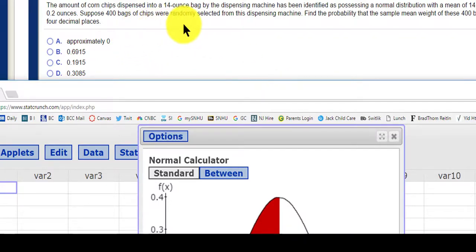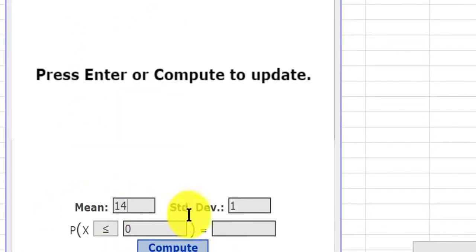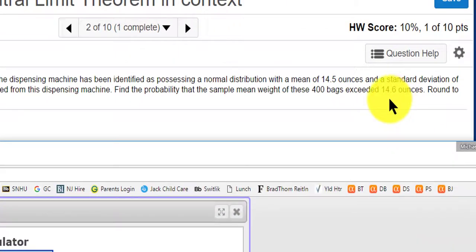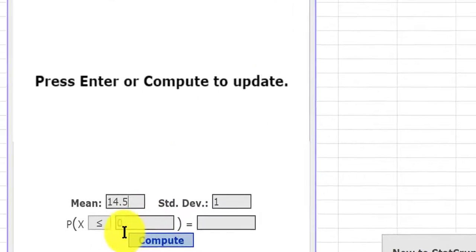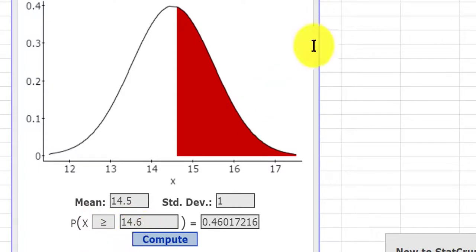The mean was 14.5, so I put 14.5 in here. And we want to see the probability that the mean exceeds 14.6, so I'd put in 14.6, and we want the probability to be bigger than or equal to 14.6.